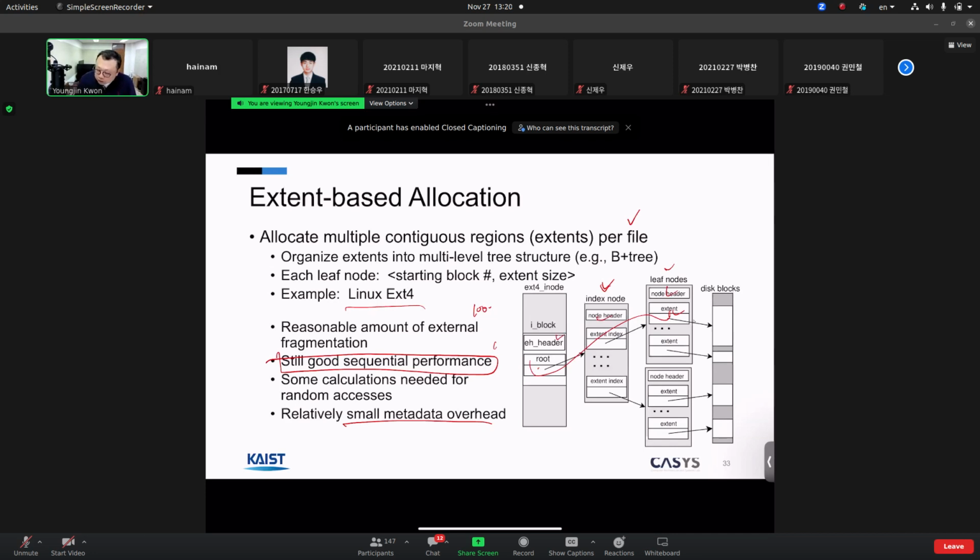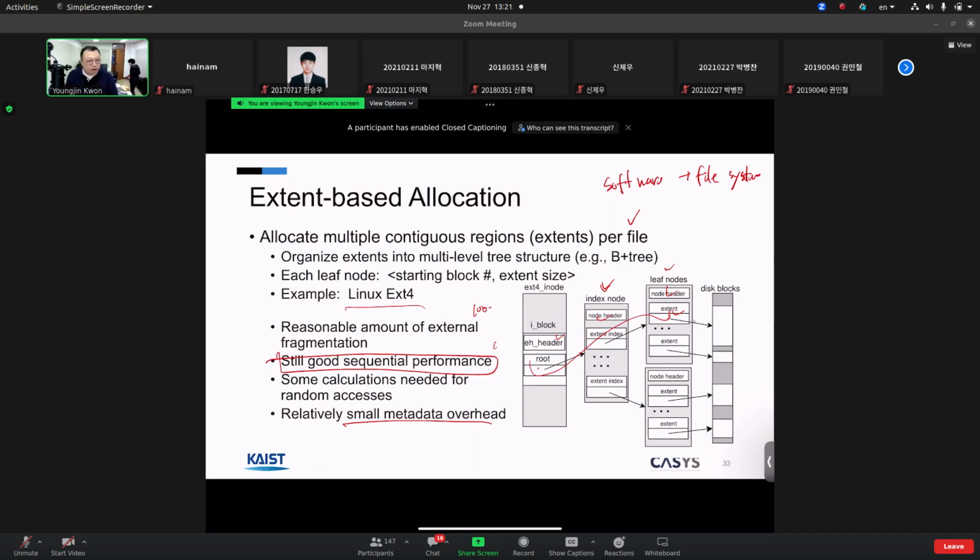Does hardware traverse it, or does software traverse it? Software. Who? The file system.